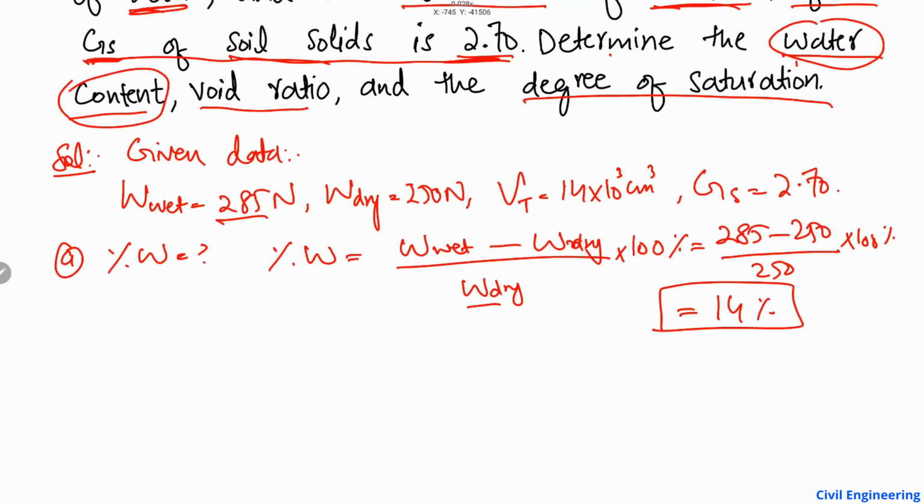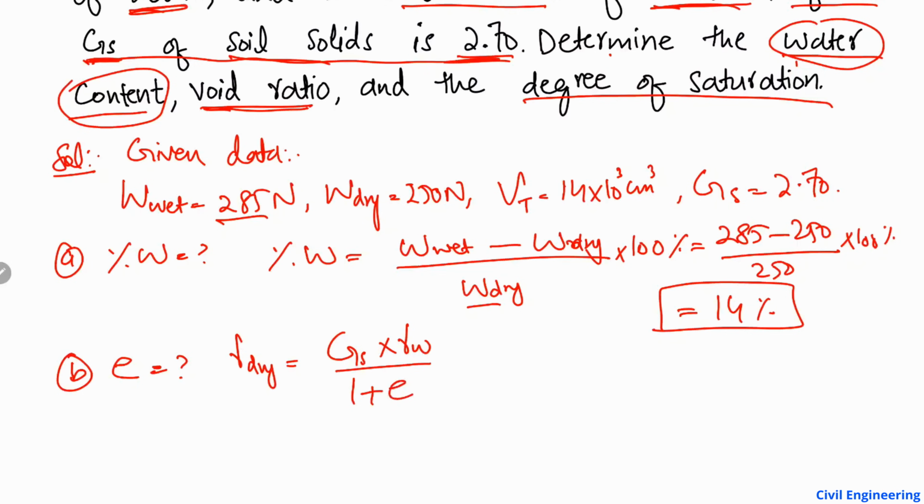Now the second unknown parameter is the void ratio. What is void ratio? It is represented by e, and it shows how many voids are present in our soil sample. To find the void ratio, we can use this formula: the dry unit weight is equal to Gs, the specific gravity, multiplied by gamma W, the unit weight of water, divided by 1 plus e. Now Gs is known to us, which is 2.70.